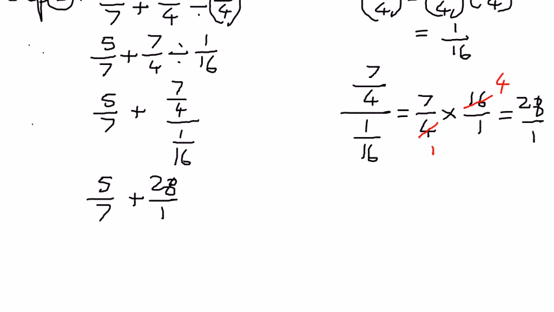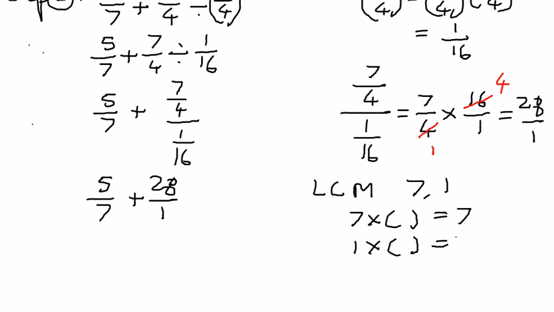Now again we're going to look at these two denominators, and we want to find the least common multiple between the numbers 7 and 1. So we know that 7 times what number is equal to 7, and 1 times what number is equal to 7.